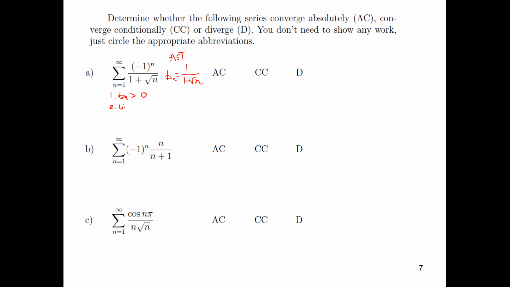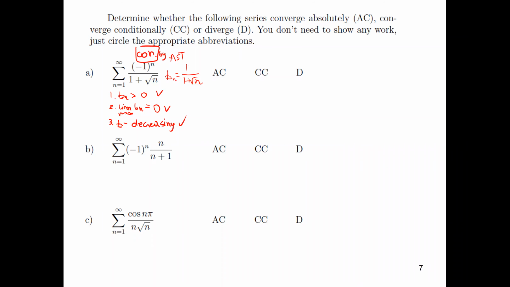The limit of b sub n at infinity is 0, since 1 over infinity is definitely 0. And we have to check if b sub n is decreasing. I think it is, because we are just making the denominator bigger. When the denominator is bigger, the whole fraction is getting smaller and smaller, so it is decreasing. Check, check, check. I can say this is convergent by AST.